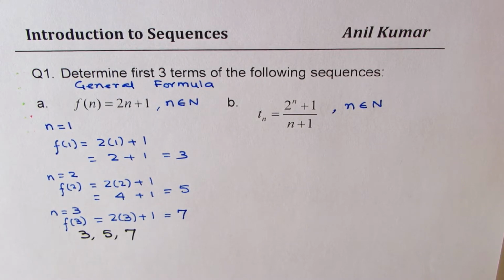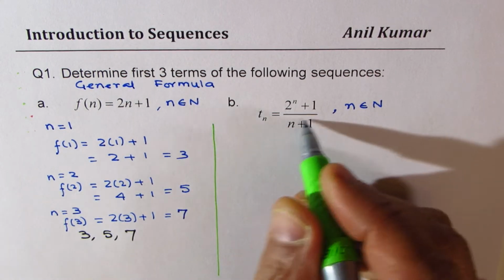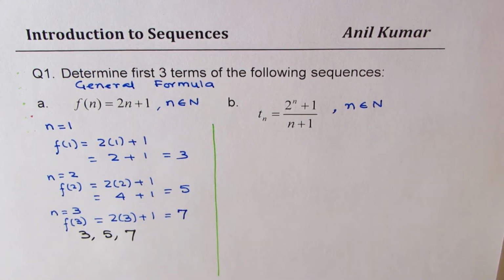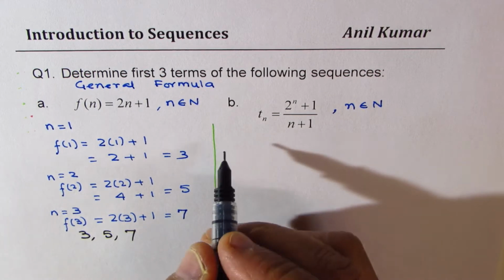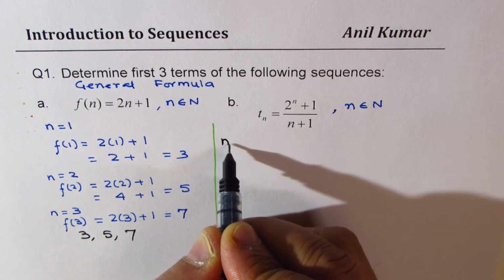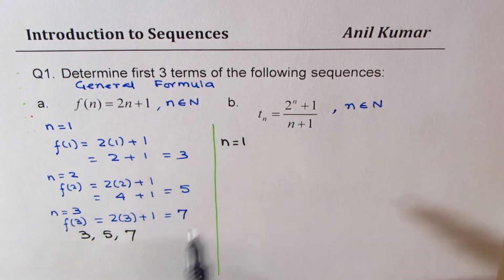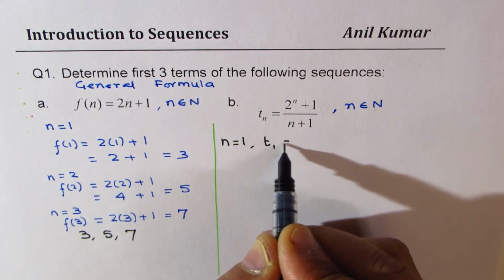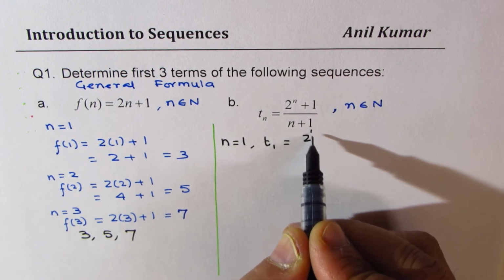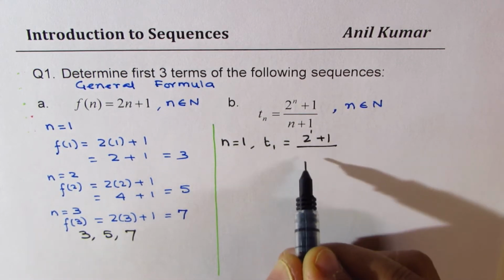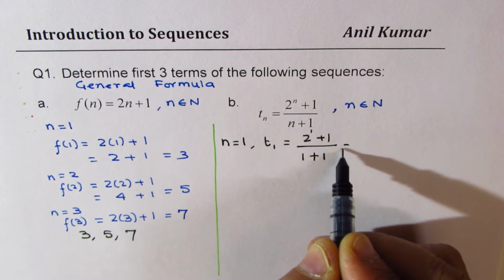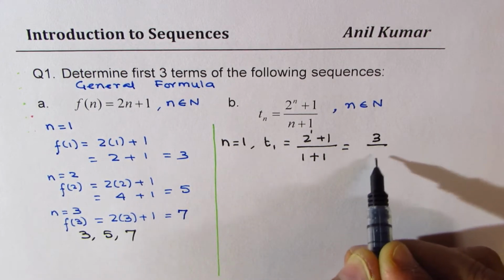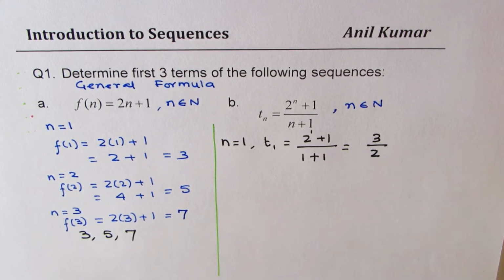Now I would like you to write down the first 3 terms of the given sequence, part B. What you have to do basically is substitute n = 1 to get the first term. So n = 1 gives us t1 = (2^1 + 1)/(1 + 1), that is 3/2. So 3/2 is our first term.